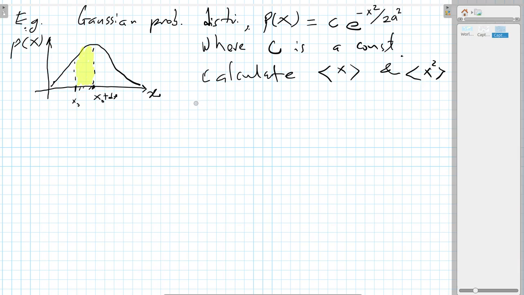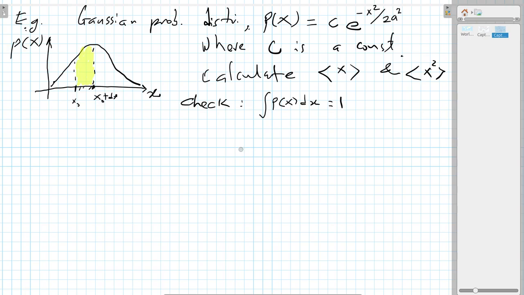But we would want to check first that the probability density is well behaved, or in other words, if it is normalized or not. So if the integral of p of x dx equals 1, then p is well normalized. So let's check for p of x, which is given above.